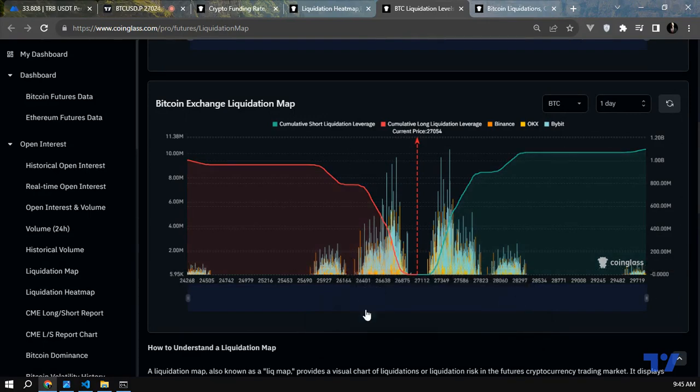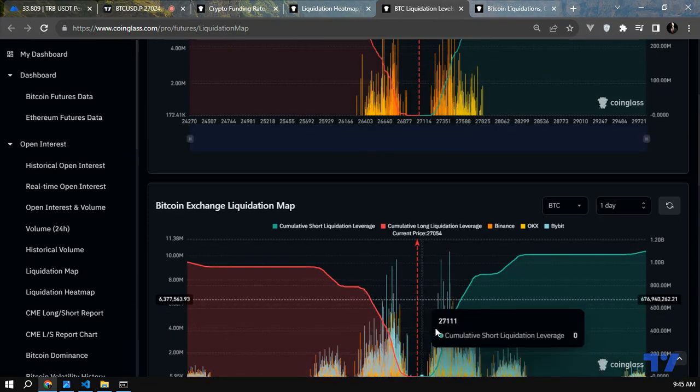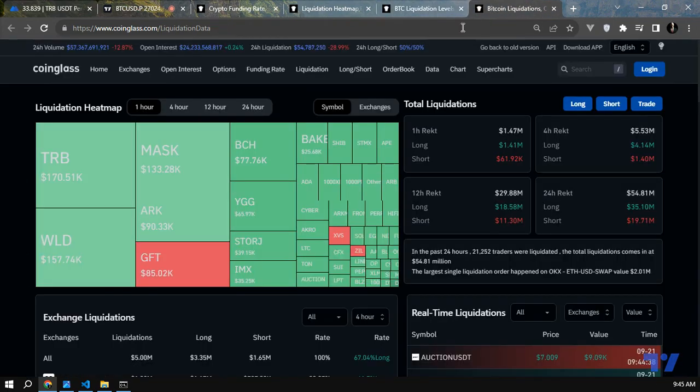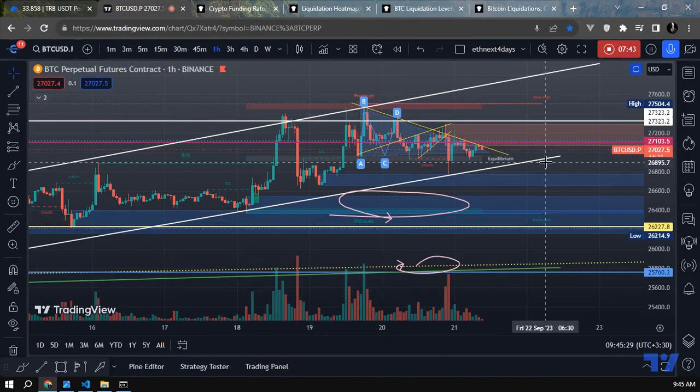So with these being the liquidations that we have, it could go either side, or it could clean both sides. Right now, we can see on another heat map that everything is essentially going down and longers are getting liquidated left and right. Okay, back to the chart.